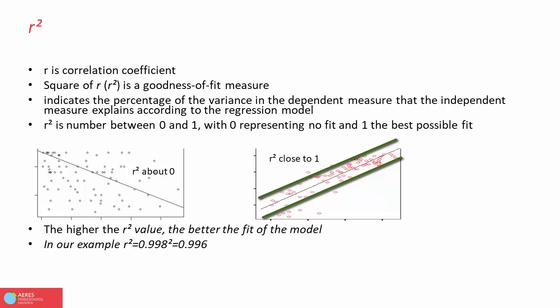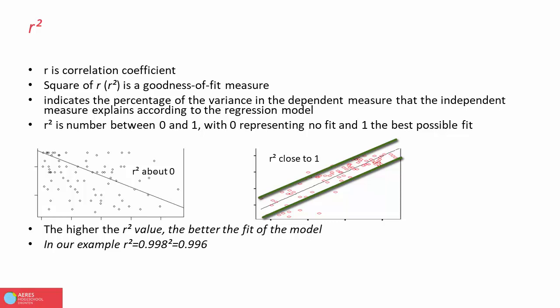The more that fall outside of our interval, the less they are explained by our model. This is just a metaphor, not necessarily true, but it helps you understand what this R squared value is representing.